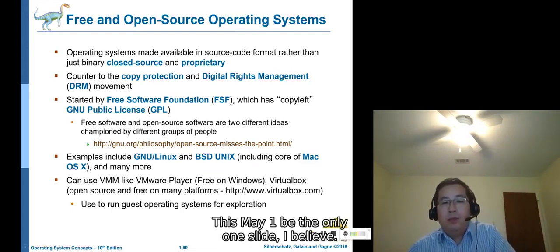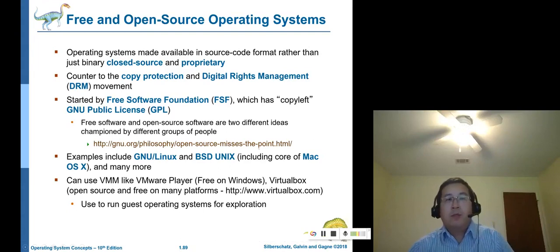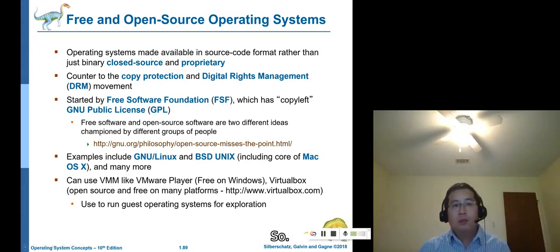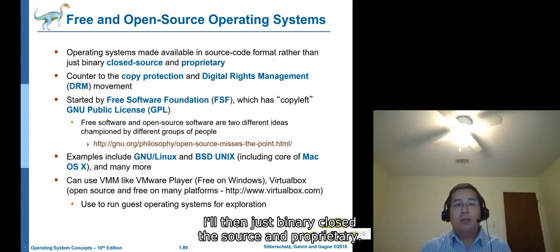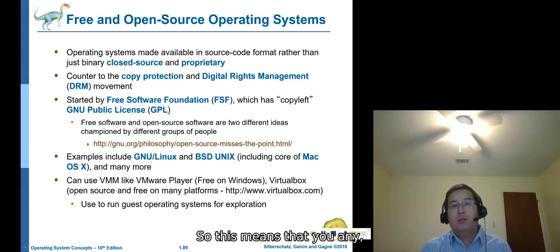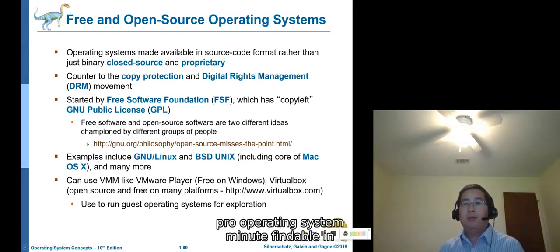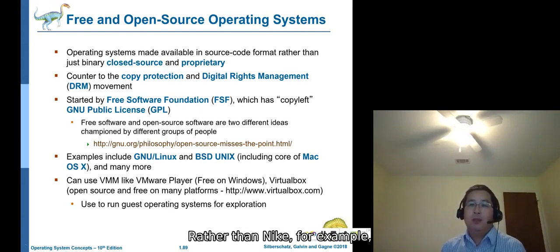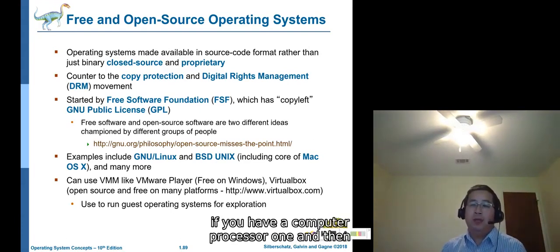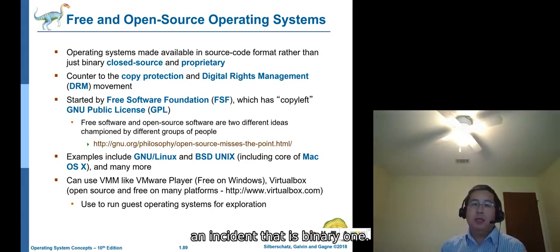This one maybe is only one slide, I believe. Yeah. So, operating systems made available in source code format rather than just binary, closed source, and proprietary. So usually if the operating system is made available in source code format, that's called open source. Rather than, for example, if you purchase a computer and they pre-install some operating system, that is a binary one.